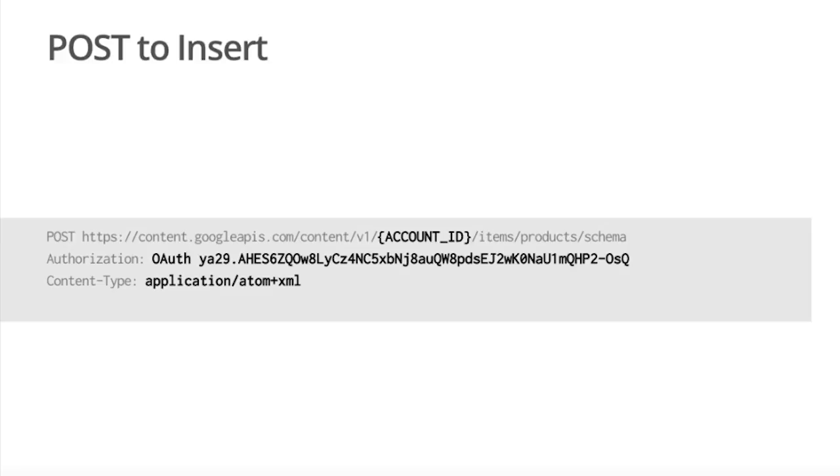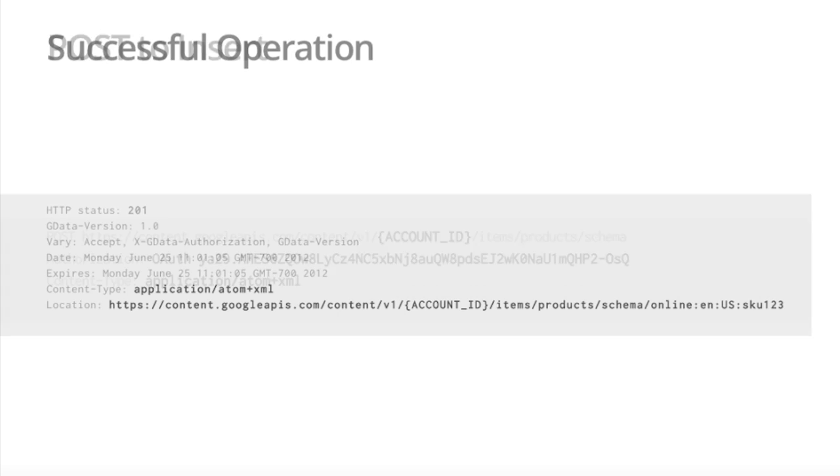In addition to a shared root for the URI, each request must be signed with an authorization token. This verifies that the user sending the request truly has access to the Merchant Center account in which they are changing inventory. Finally, the header of the request must identify the type of the data being exchanged. Here, we are sending XML in the body of the request and must identify it as such to Google servers.